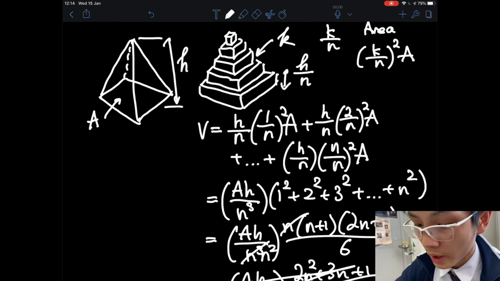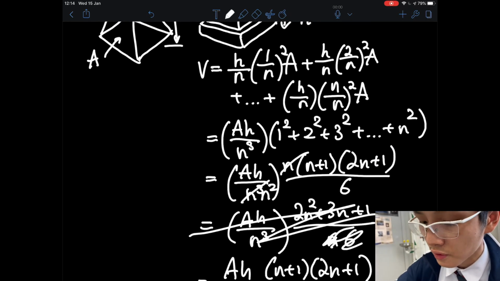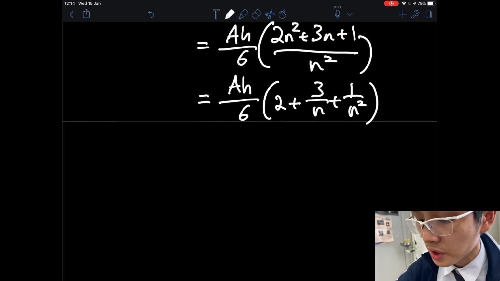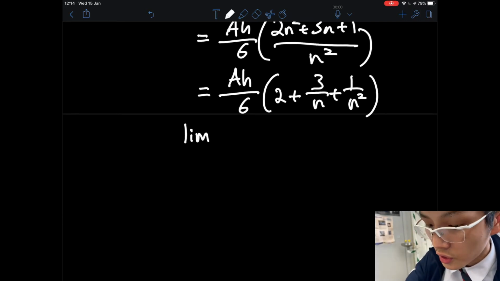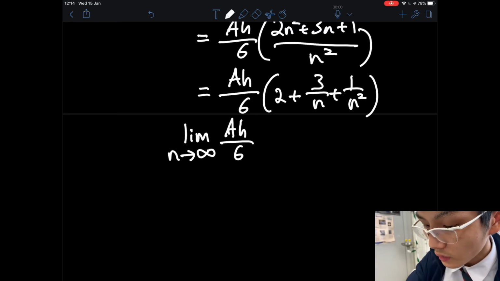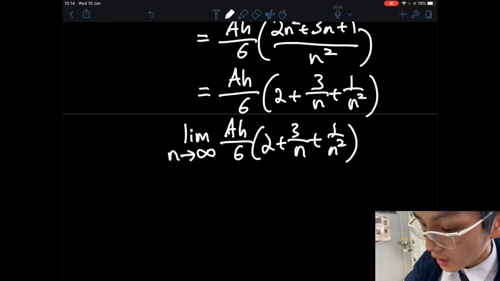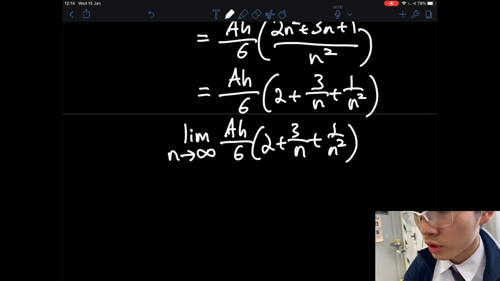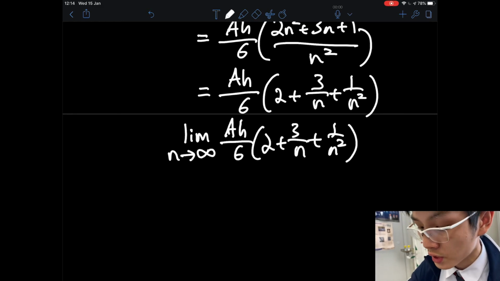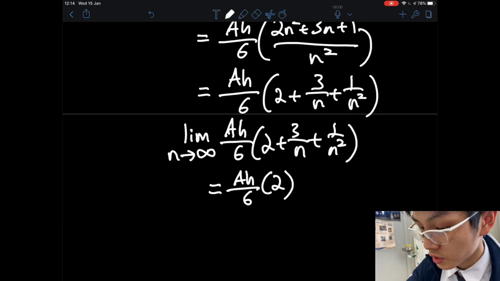Now, if we take a look back at the pyramid, we split it into a lot of levels to try and approximate its volume, and if we want to get as accurate as possible, we would make sure that it is split into an infinite number of layers. So as n approaches infinity, we see that for the last two terms, 3 over n and 1 over n squared, as n gets bigger and bigger, the value becomes closer and closer to 0, so it would eventually become A h over 6 times 2.